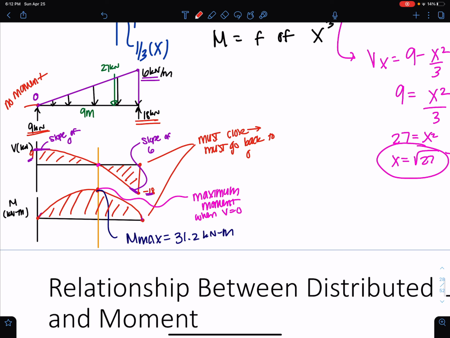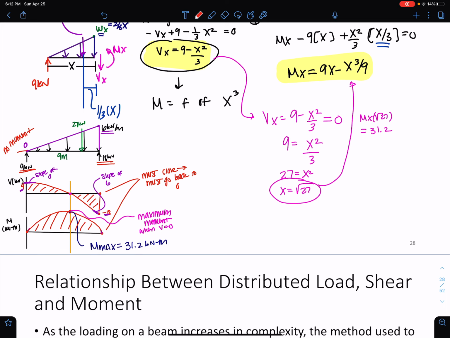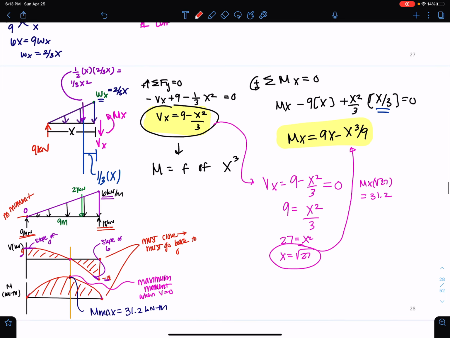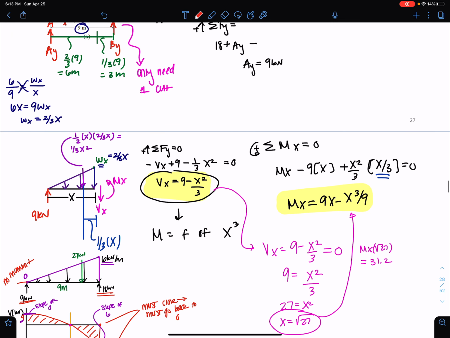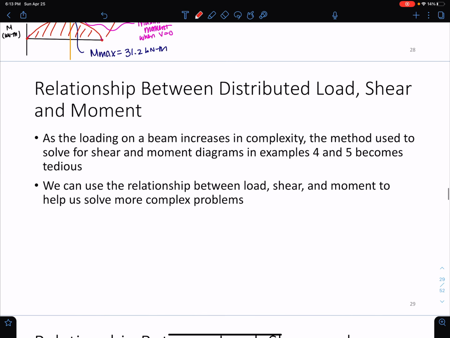Okay, so now we can get to the point where we're really going to define this relationship between our distributed load, our shear, and our moment, because we've been talking about these derivatives and these functions a lot, but now we can formally define this relationship. As the loading on our beam increases in complexity, the method that we've used so far to solve for shear and moment diagrams becomes quite tedious.